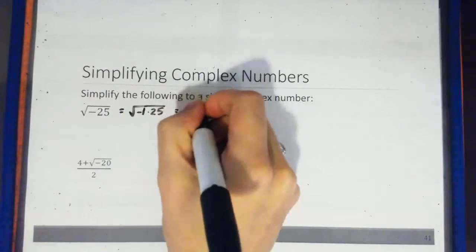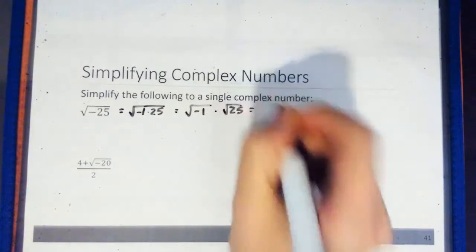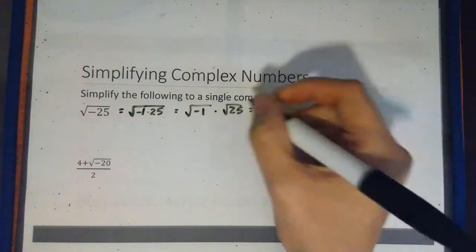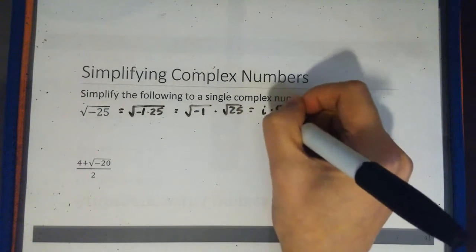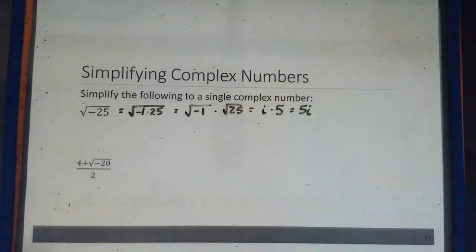But then I can break that into the square root of -1 times the square root of 25. We just said that the square root of -1 is i, and we know the square root of 25 is 5. And i times 5 we would write as 5i. We could write 0 plus 5i, but that doesn't really help anything, so we're just going to leave it as 5i.